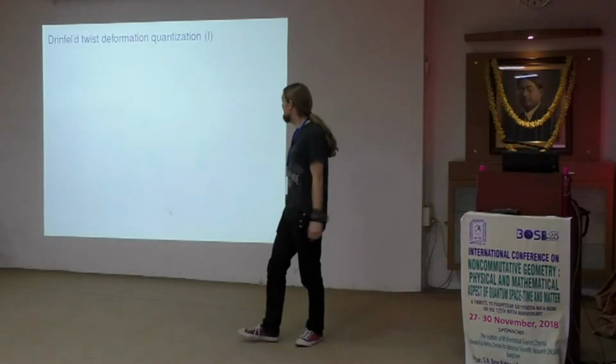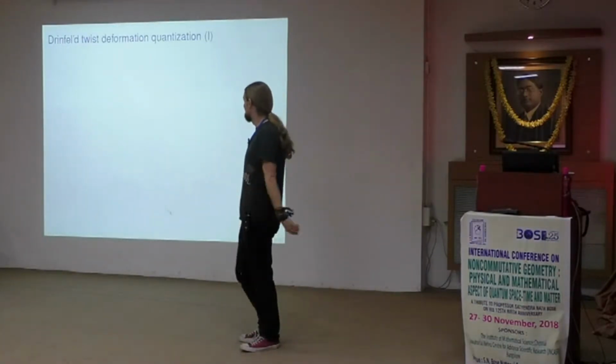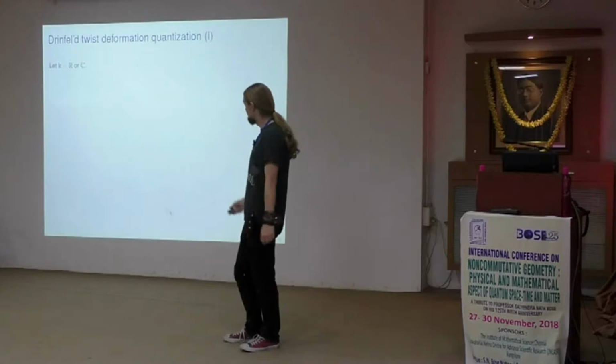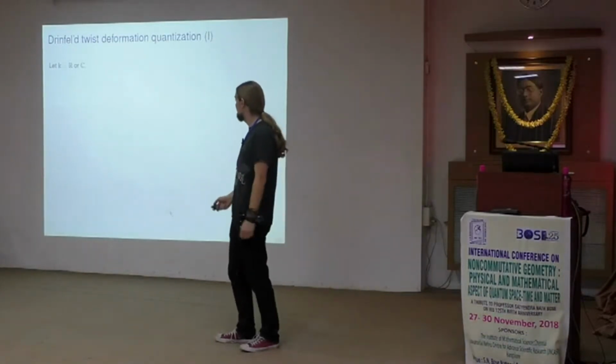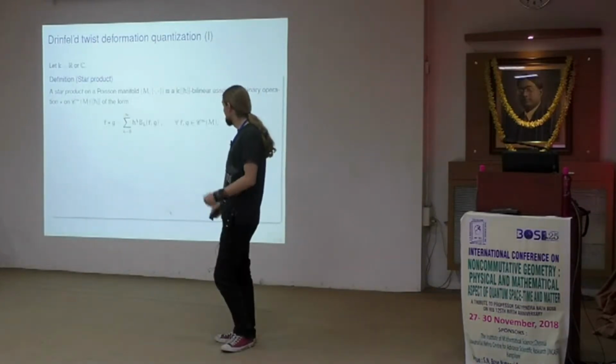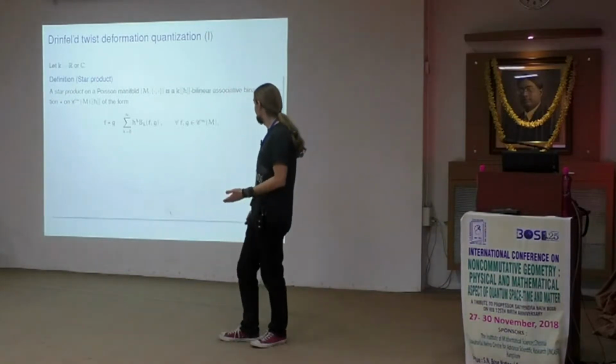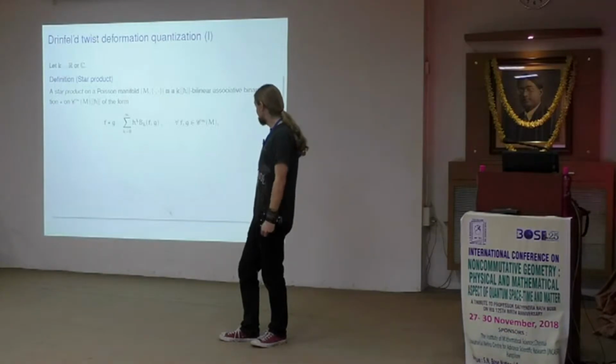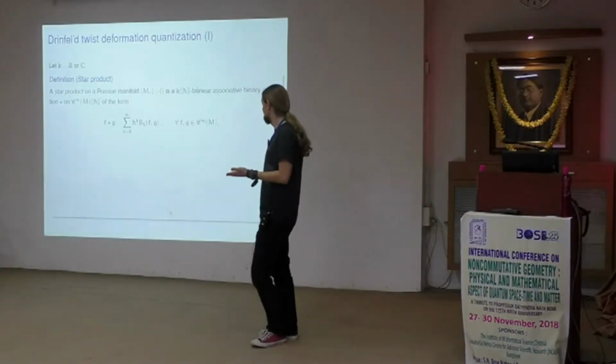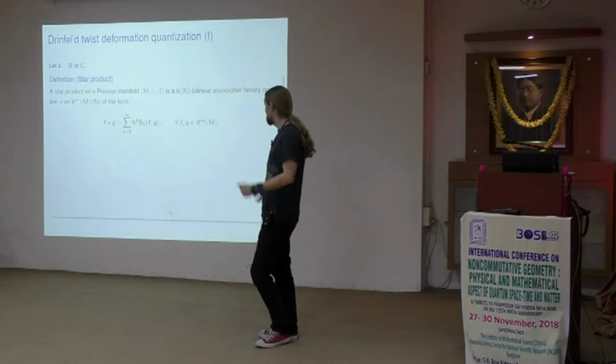Okay, so I will start with telling you what Drinfel'd deformation quantization is. I will work over the field of real or complex numbers. And first of all, what is deformation quantization? So as you know, it's natural to look at Poisson manifolds in the case of star products.